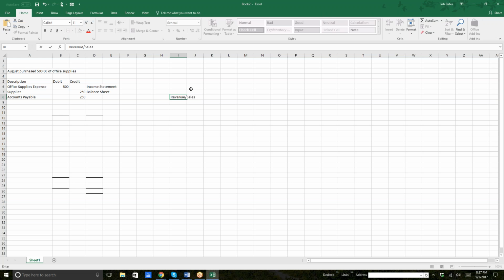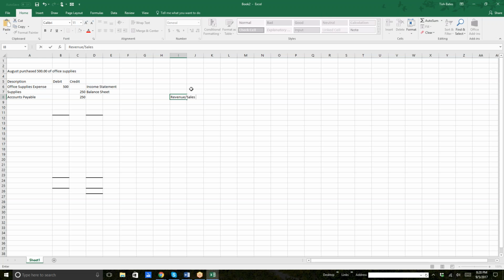You're going to see a lot of different terminology in the chapters. Do not get hung up on the word, okay? That's one of the biggest keys that a lot of people wind up having a problem with, is that they get hung up on the words that these accounts are called. Okay, sales is the same thing as revenue. It's just a different word. Okay, so keep that in mind when you're reading this.